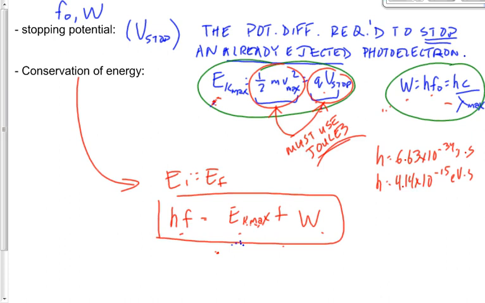1, 2, 3, 4, 5. Counting to 5, because if nobody gives me an answer in 5 seconds, when you're dealing with a photoelectric effect question, if you can't think of which equation to try within about 5 seconds, you're probably going to try this one. Got it? If it's not immediately obvious to you which one you're going to use, then try this one.